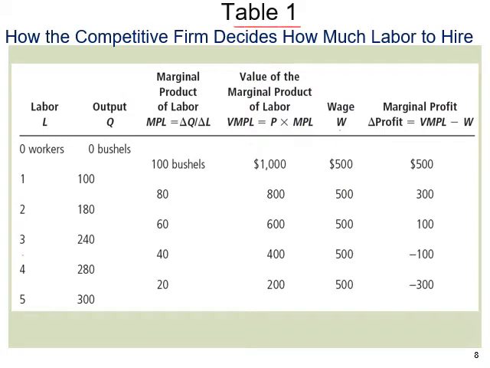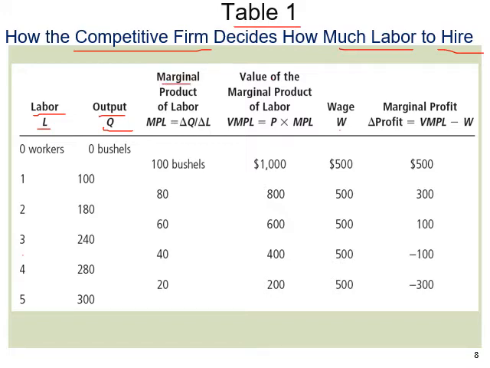Table 1 displays how a competitive firm decides how much labor to hire, how many workers the competitive firm should hire. Column 1 is labor, the quantity of workers hired. Column 2 is the output Q, the quantity of output produced.